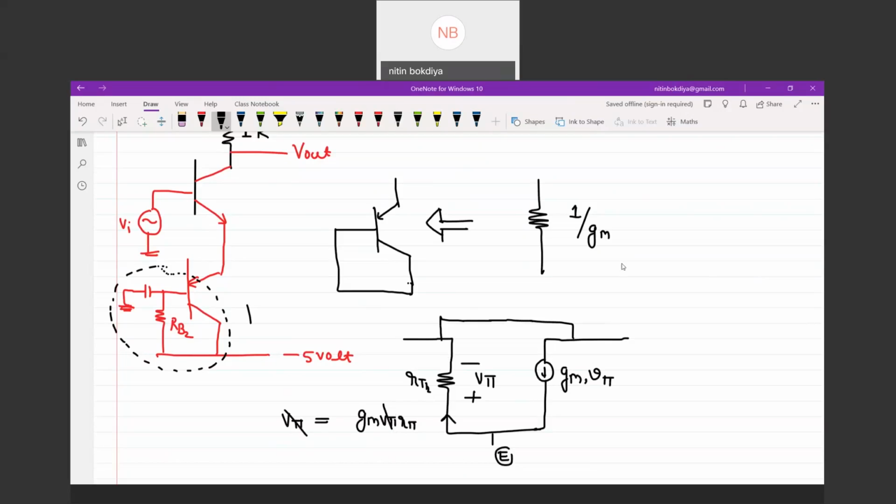So V pi and V pi cancel. What is the value of R pi? 1 by GM is equivalent to R pi. So this is the idea. When you have a short circuited base and collector, you can replace your whole circuit by 1 by GM.